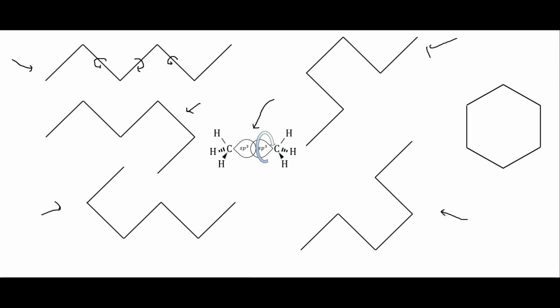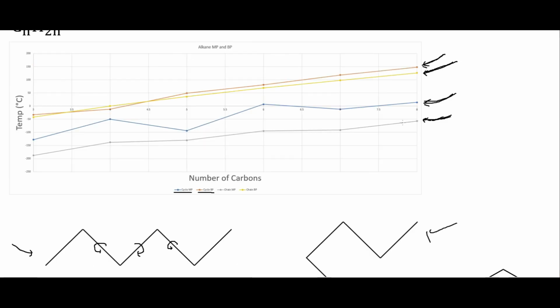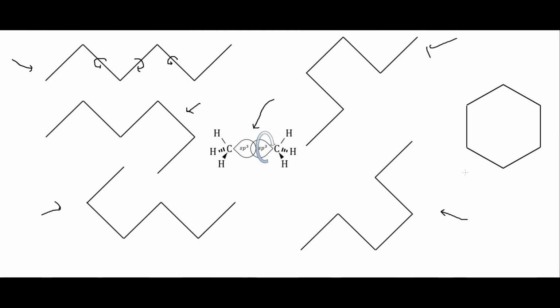This degree of freedom makes the stacking of these a little bit less efficient, and so you don't get the van der Waals forces. I mean, you're going to get good van der Waals forces, but it's going to inhibit those van der Waals forces by a little bit, which is why we see only a slight increase in the melting and boiling points of these cycloalkanes.